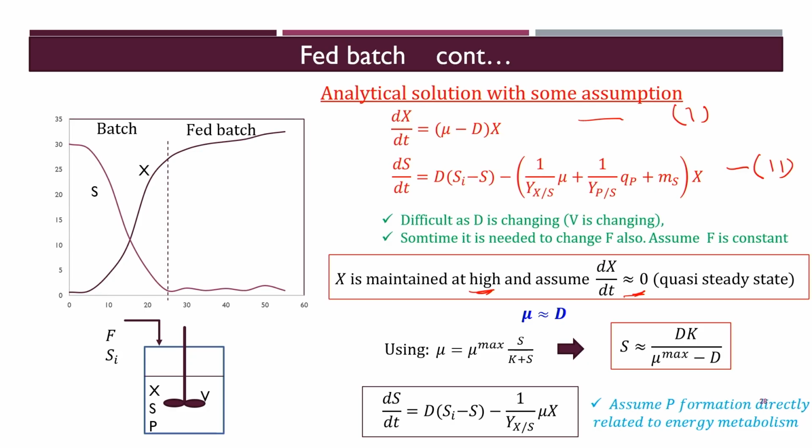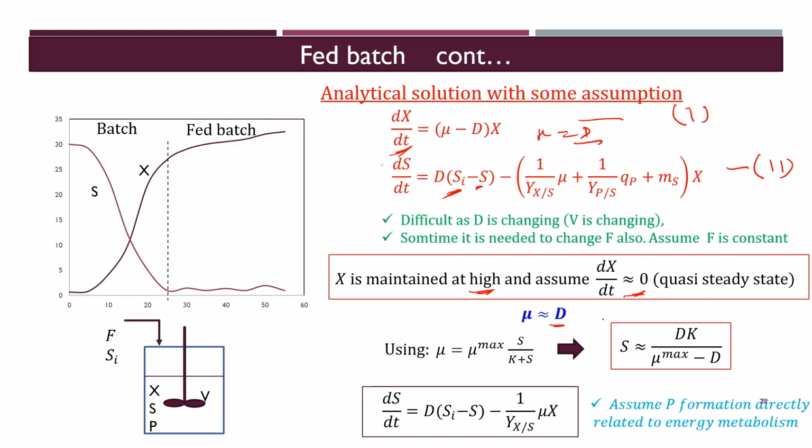Similarly, we are assuming SI, the substrate concentration, is much higher than S. So, dS upon dt will also be considered as 0. First, let us go for the biomass. If you put dx upon dt equals 0, then it becomes mu equals D.